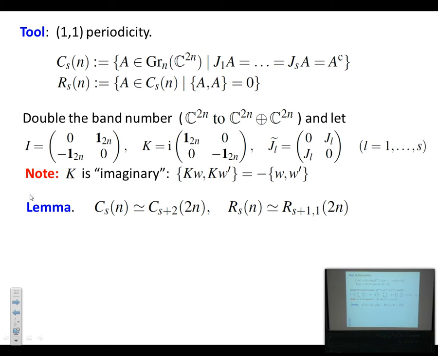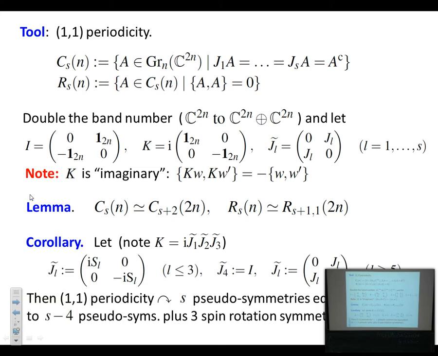That's what this 1, 1 here is supposed to communicate. And if so, the situation remains the same. These classifying spaces are in bijection. So there's a canonical bijection taking one to the other. So using this, we can answer this question of why 3 spin rotation symmetries are equivalent to S minus 4 pseudosymmetries, and it goes as follows.